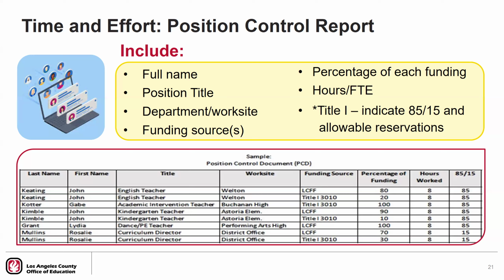Now, once the position control document or report is in place for the position funded by a federal award, whether in part or whole, you are ready to set the additional documents in motion.